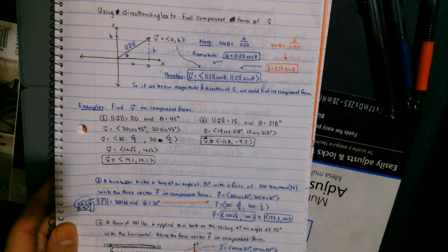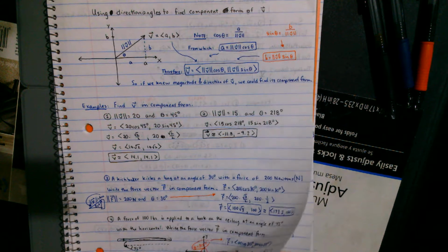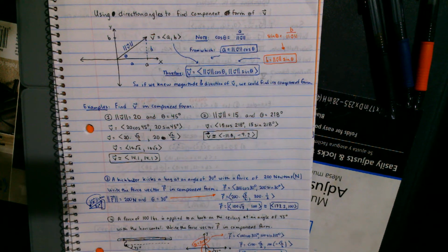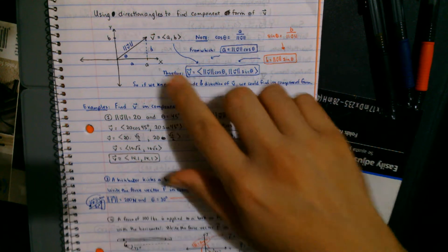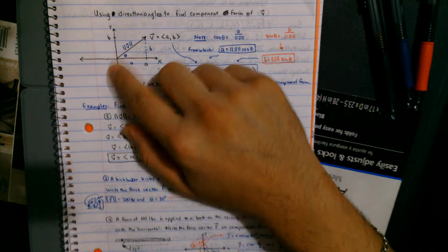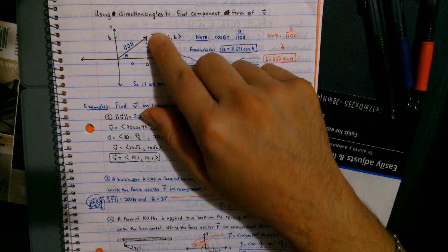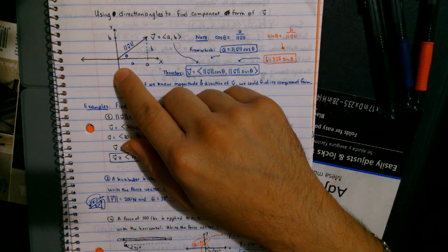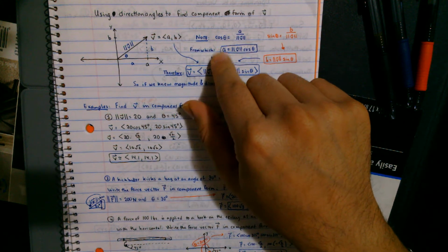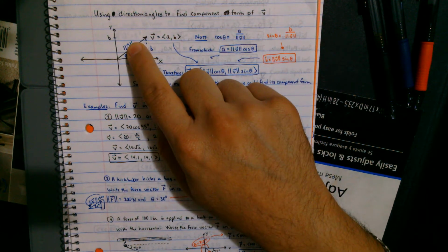And now continuing on. You use a directional angle to find the component form. So if you're in the world of vectors, and you have an A component and a B component, again, here's your sine and cosine. So cosine of theta would be A over the magnitude.